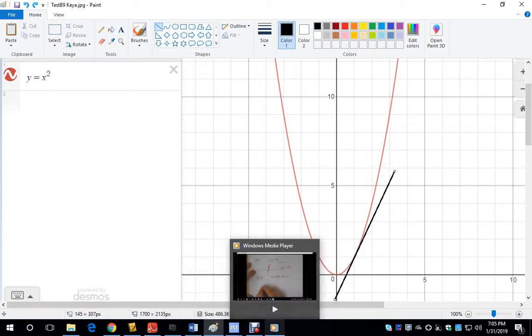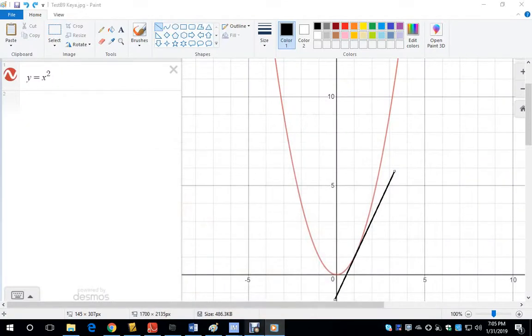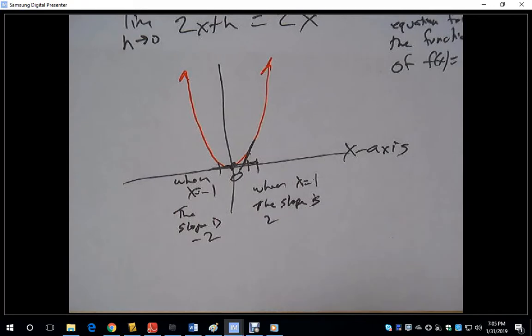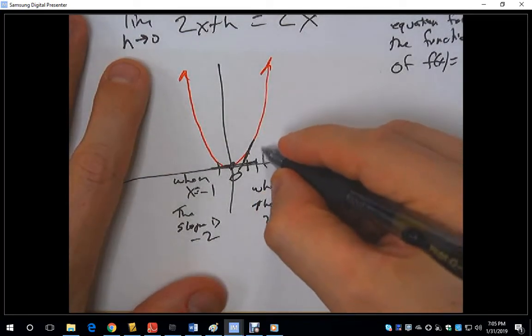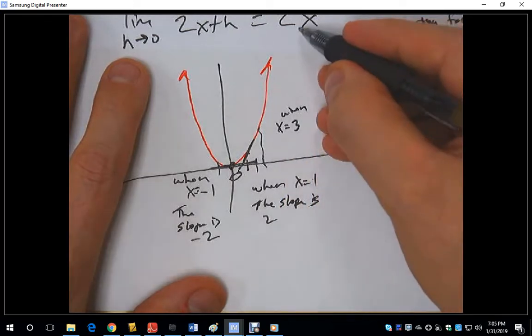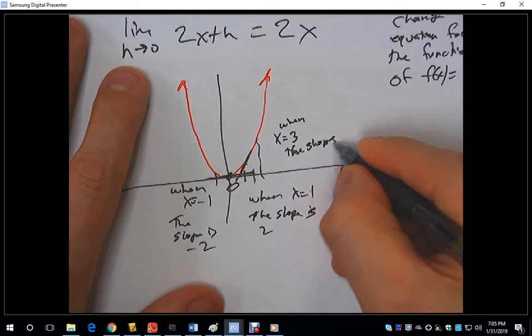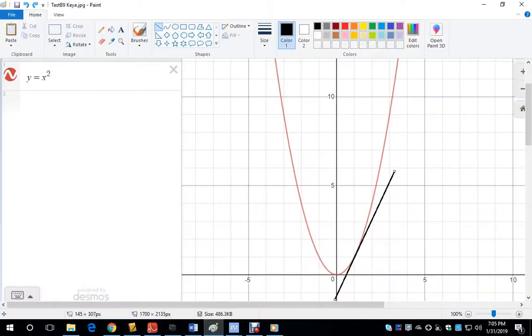What about when x is 3? When x equals 3, then I have 2 times 3, which is 6. So the slope is 6. We're going to see if that makes sense.